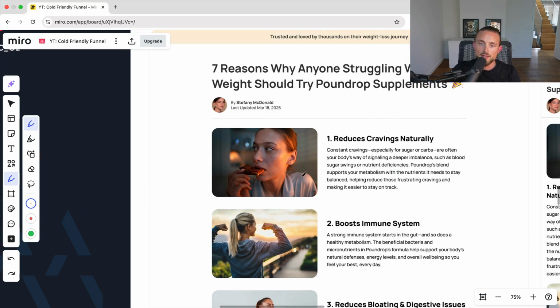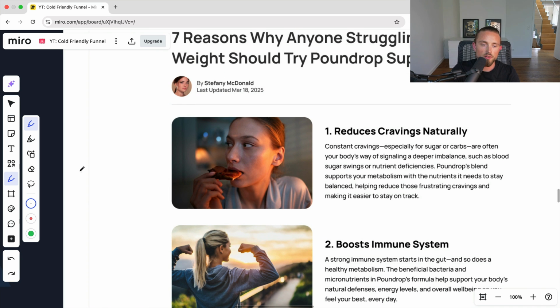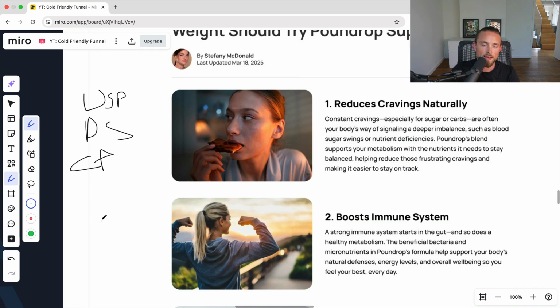So if we look at these 7, right, it's generally a mixture of USPs of the product, desired situation, how it's going to solve their current pains, and why it's amazing, right? And then also building trust. So that's the general mixture. As you can see here, reduce cravings naturally, that would be desired situation.